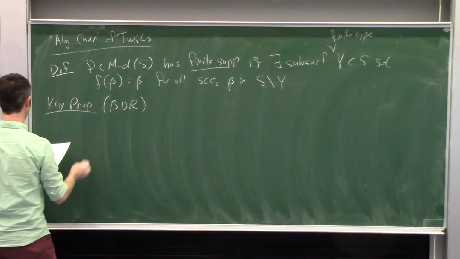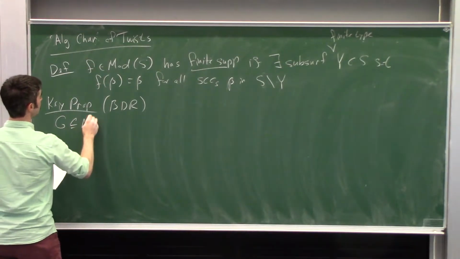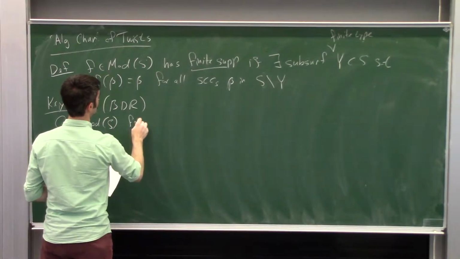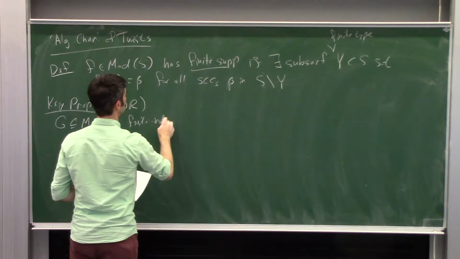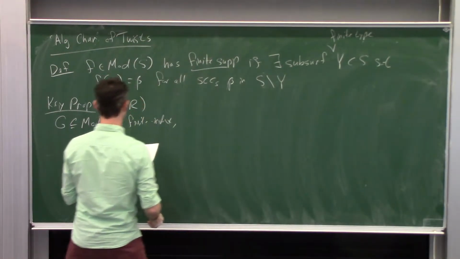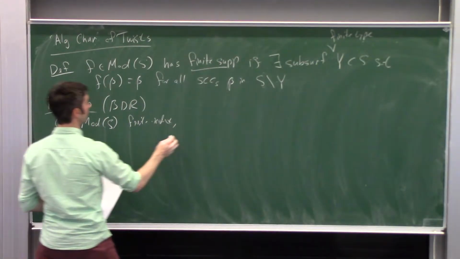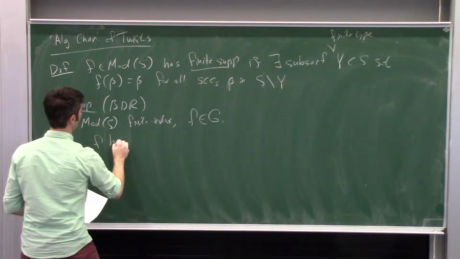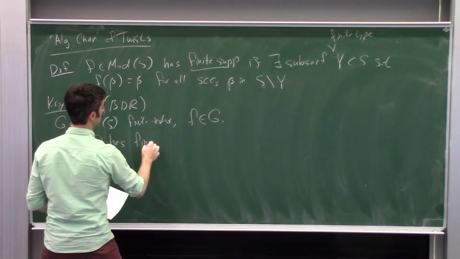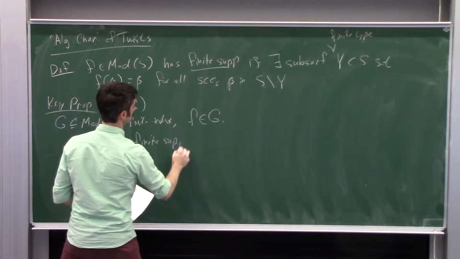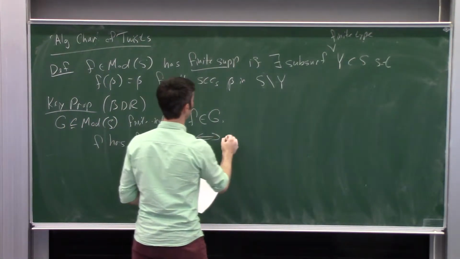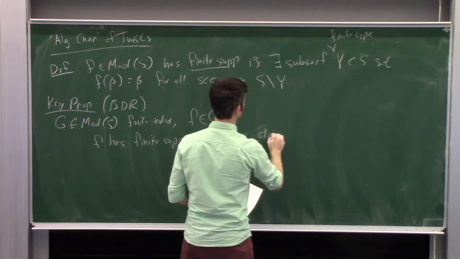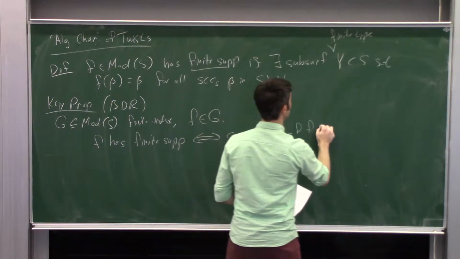Okay, so suppose G is a finite index subgroup, and that f is in G. Then f has finite support if and only if the conjugacy class of f is countable.